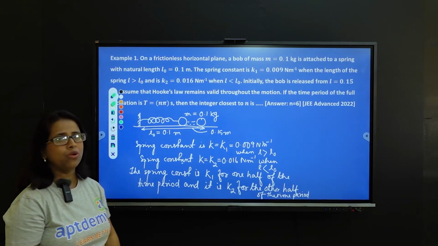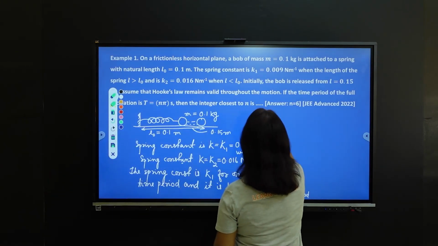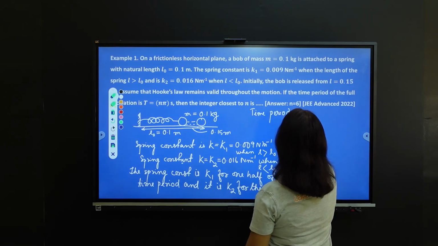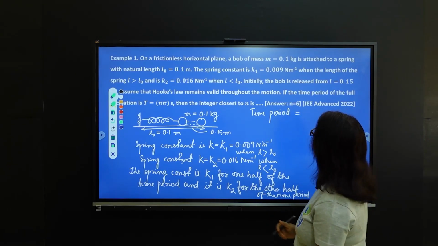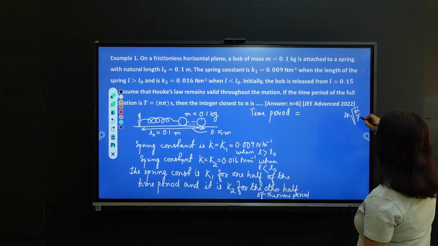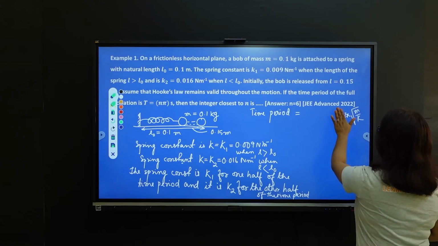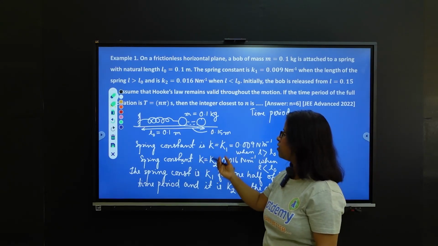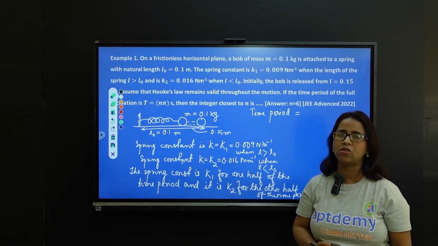So what we need to do here is find out the total time period. For a spring, the time period bears the formula 2 pi root over m by k. This is the time period for a spring. Now in this case, for one half the spring will bear a spring constant of K1, and for the other half it will bear a spring constant of K2.